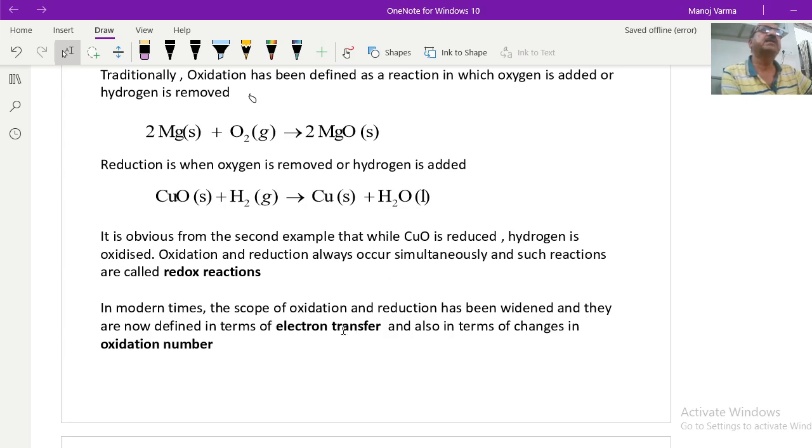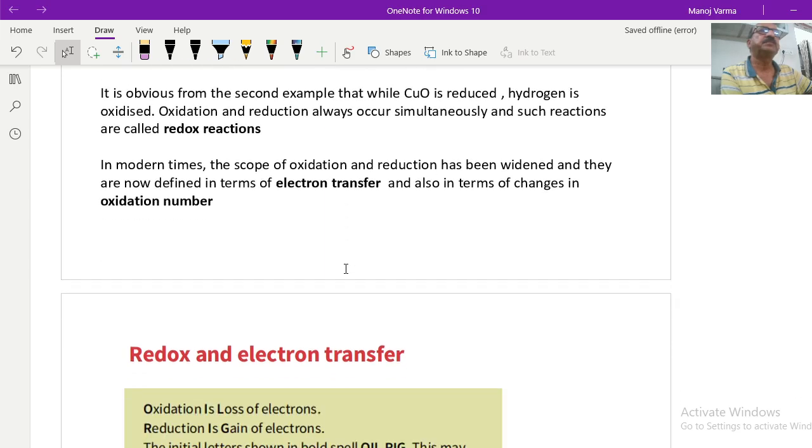So when we define oxidation and reduction as electron transfer, the earlier definition, that oxidation is the addition of oxygen and reduction is removal of oxygen, is still valid, but it is considered from another viewpoint, that is, in terms of electron transfer. This definition does not contradict the previous definition.